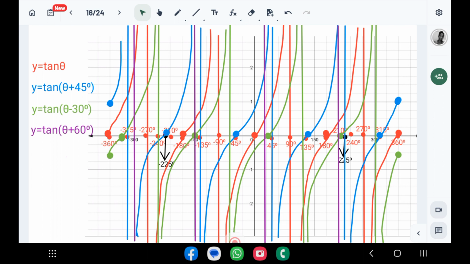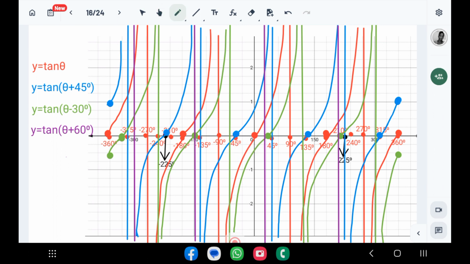Now let's duplicate the x-intercepts without having to look at the table. Okay, the first intercept was here at 0. So the first one will be at negative 60. And there is negative 60. 30, 60.